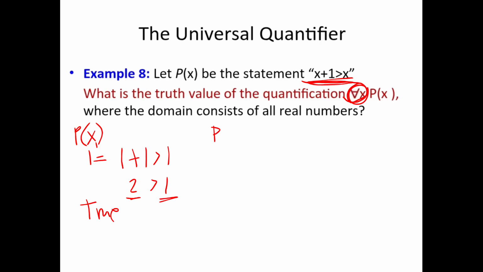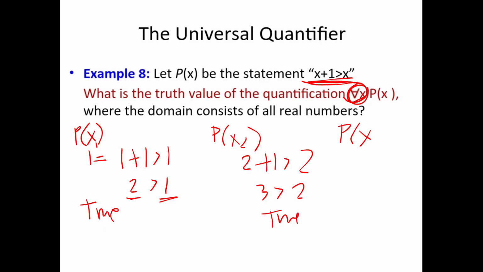So, what if our x now is equivalent to 2? So, we have 2 plus 1 is greater than 2. We have 3 is greater than 2. So, this is true. So, next, we will try with 3. So, we have 3 plus 1 is greater than 3.